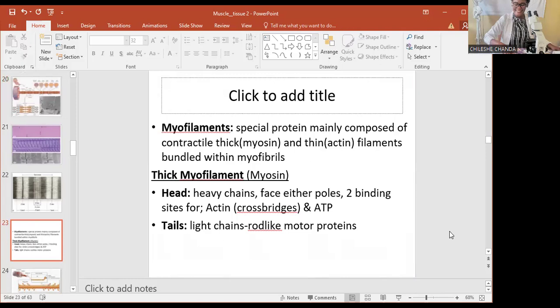Okay, so I've explained the muscle myofilaments. I've talked to you about them. Now, when you look at the thick filaments, which I already told you are myosin in nature, they are made up of proteins known as myosin. The thick filaments have heads and tails.